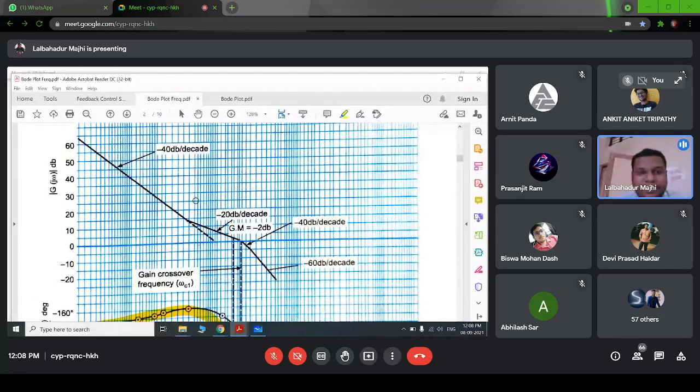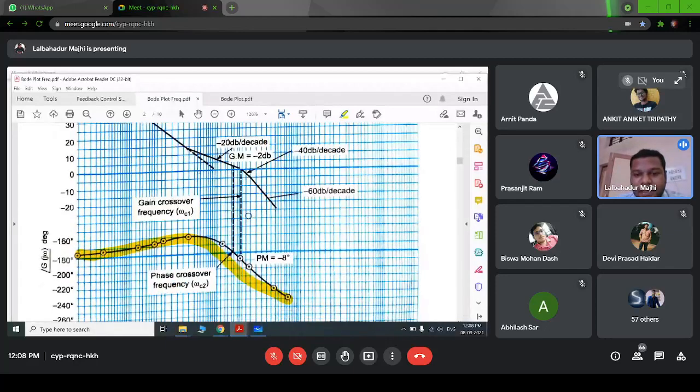So what is the phase margin and gain margin? First we determine the phase crossover frequency and gain crossover frequency. The phase crossover frequency is where the phase plot intersects the minus 180 degree axis; this point is the phase crossover frequency.